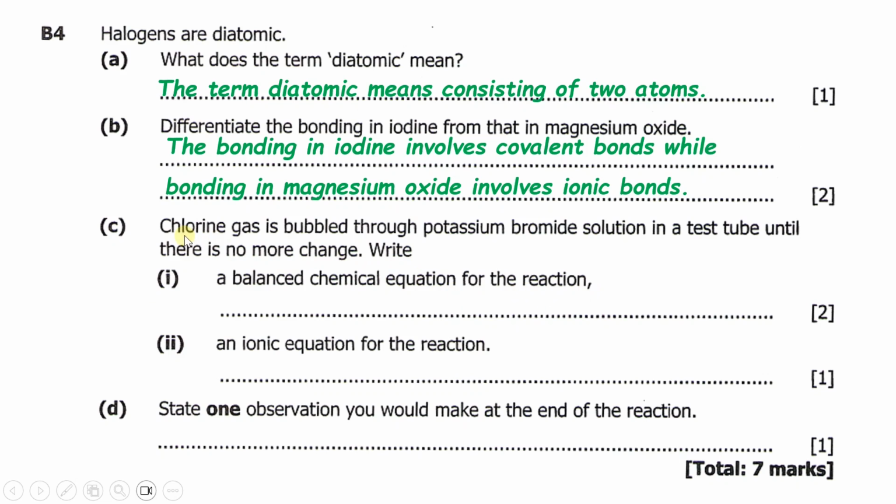Okay, so we are seeing here that chlorine is being bubbled through potassium bromide. So here also we are studying a displacement reaction for substances in group 7.